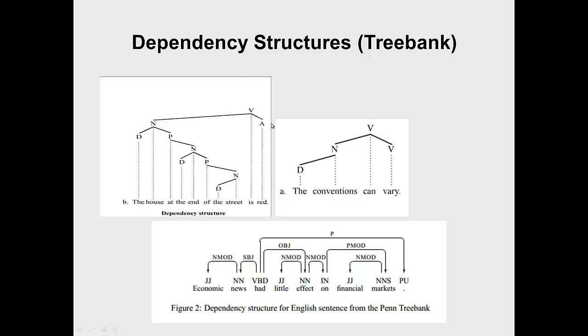House is red, which is a property. So there's a dependency between the verb is and the house, and between the noun house and the property red. That's the color of the house.